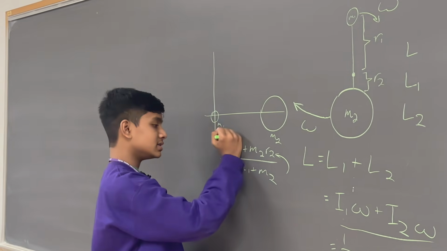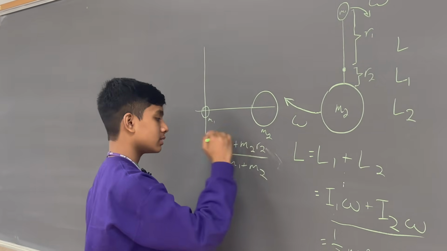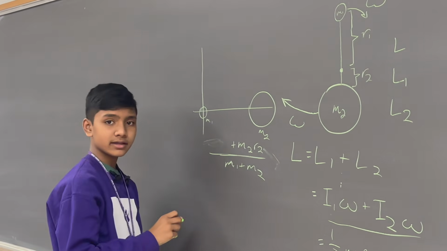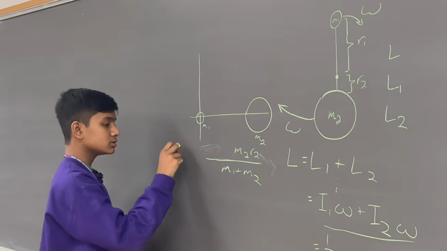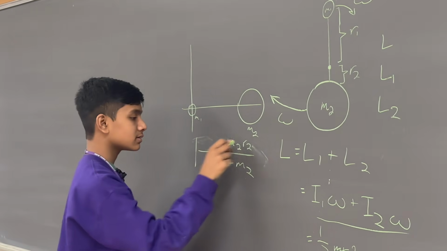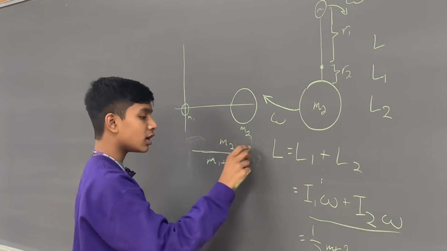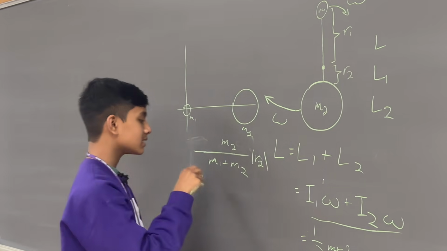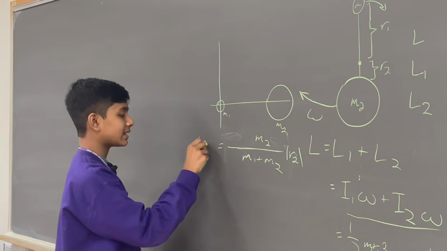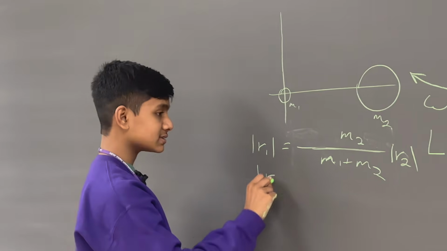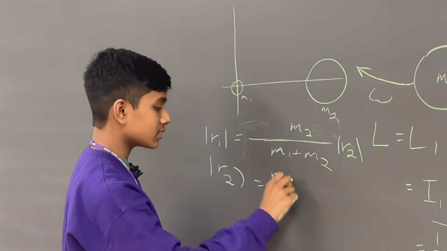But if this is 0, then this also goes to 0, and we just get this guy right over here. So that means that the magnitude of this, which is more actually like this constant times the magnitude of this, is equal to the magnitude of R1. And similarly, you can guess that R2 can be equal to this.